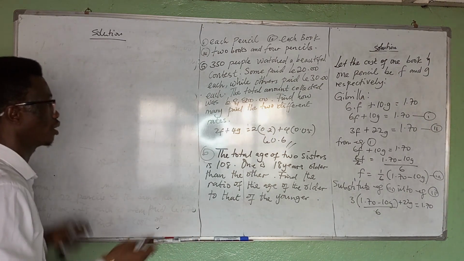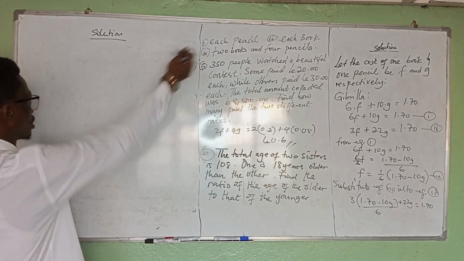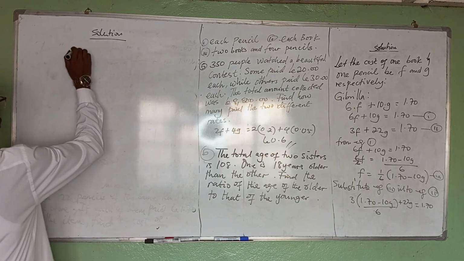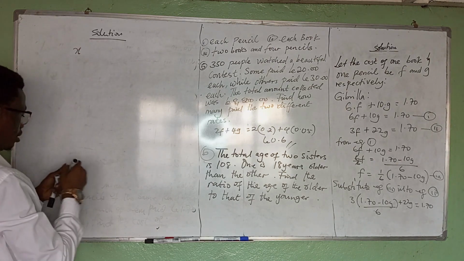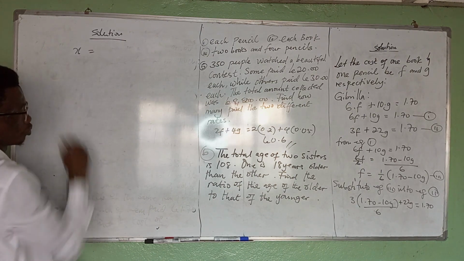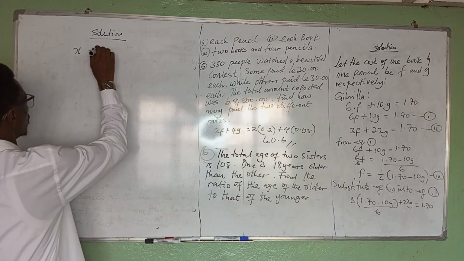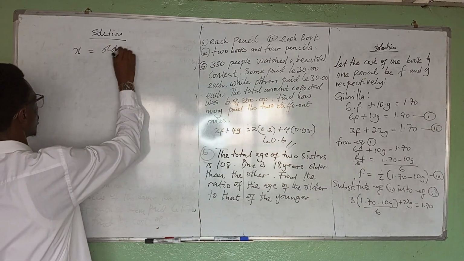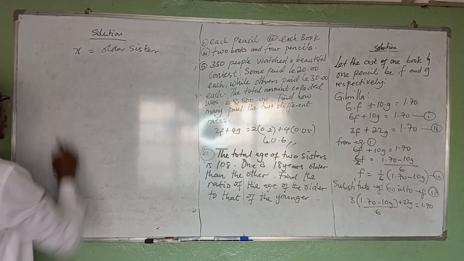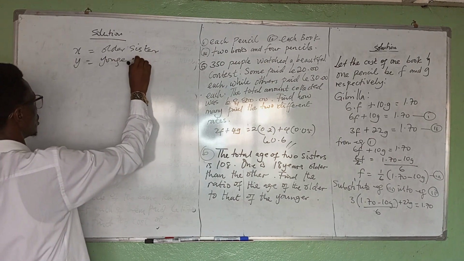We don't know the two sisters' ages, so we just take x and y, or a and b, whatever letters. x is going to be the age of the older sister, and y will be the younger sister.